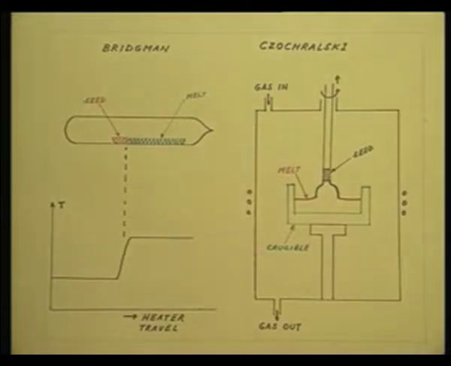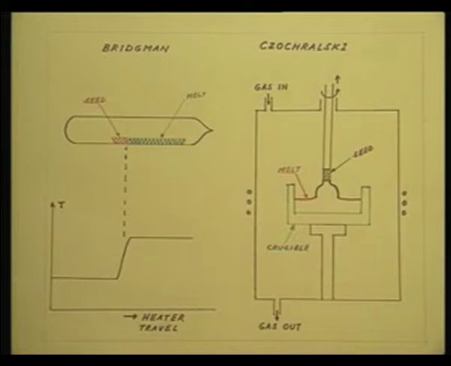What is going to happen when the heater is moving in this direction? That means the end of the melt, which is in contact with the seed crystal, is now becoming progressively cooler. It is coming in the low temperature zone of the furnace.